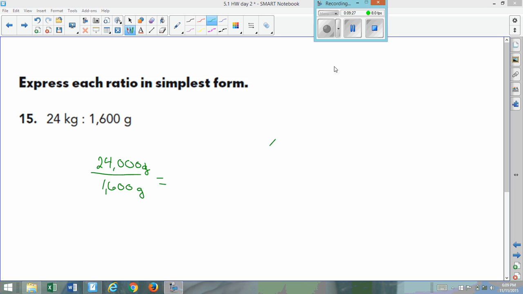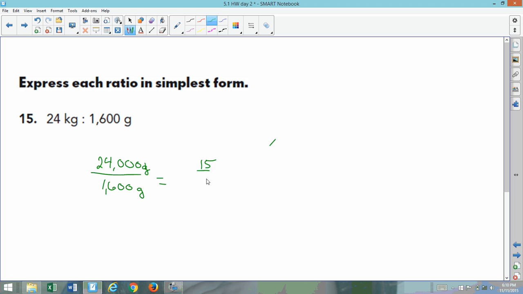Made a mistake there. And if you reduce correctly, you end up with 1,600 goes into 2,400 1 1/2 times, and 1,600 goes into 1,600 once.